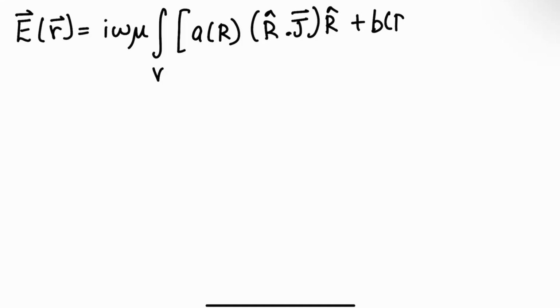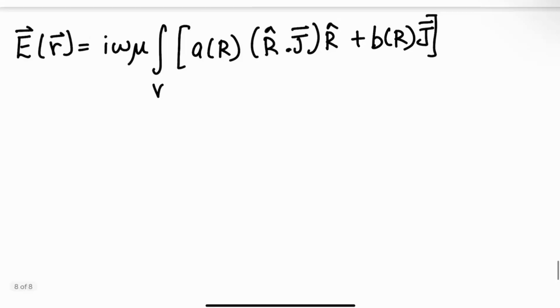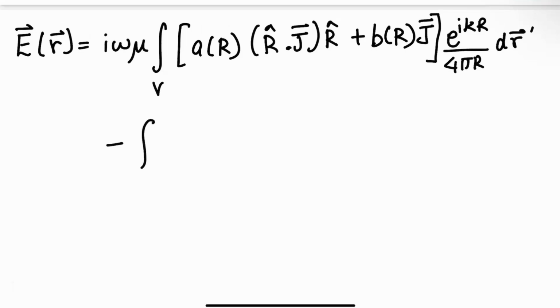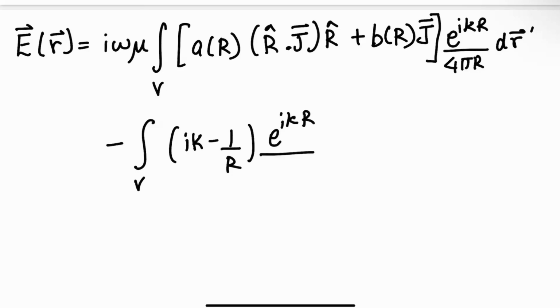Plus B(r) J, e^{ikr} over 4πr dr, minus volume integral (ik - 1/r) e^{ikr} over 4π r-hat cross Jm, right?